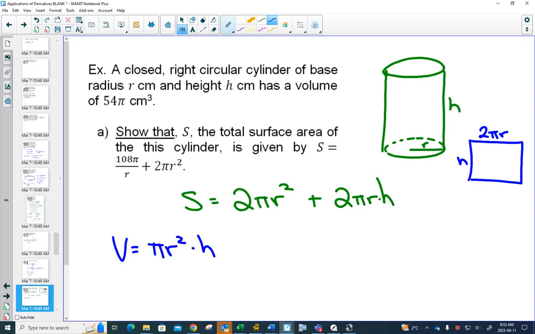Because pi r squared would be like one piece of paper sitting at the bottom. That's just the area of your circle, one piece of paper. Now, if you kept stacking up papers on top of it, on top of it, on top of it, you would fill this whole cylinder full of paper. And each of those circles is adding up to the height. So this is just the area of the base times the height, a bunch of circles piled on top of each other, would fill the whole shape.